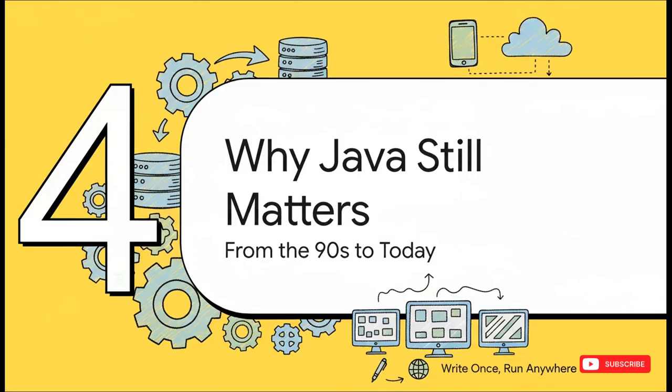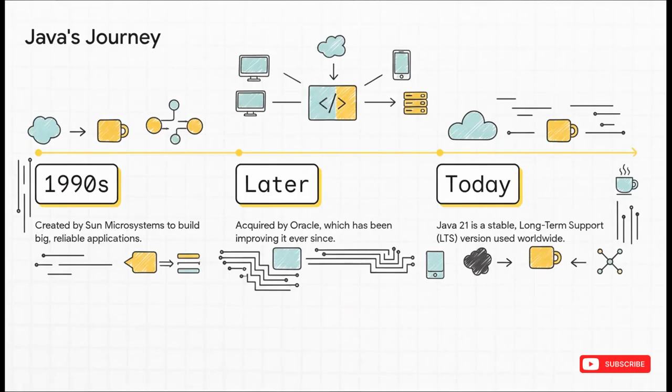You can imagine, an idea this powerful made Java incredibly popular. It was first created way back in the 1990s, and yet its legacy and its relevance are arguably stronger than ever in today's tech world. So, Java's journey kicked off in the 90s at a company called Sun Microsystems. It was later acquired by the tech giant Oracle, which still guides its development today. And now, we have modern versions like Java 21, which is a long-term support release.